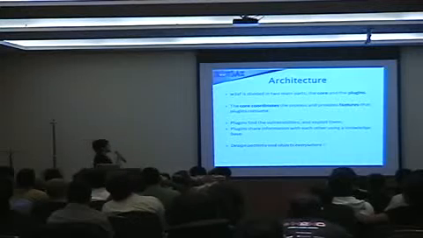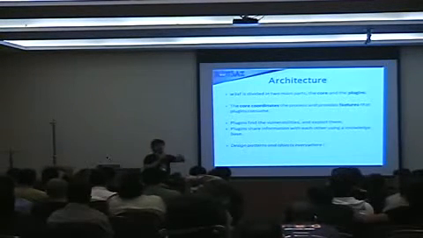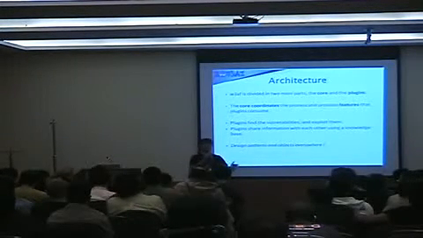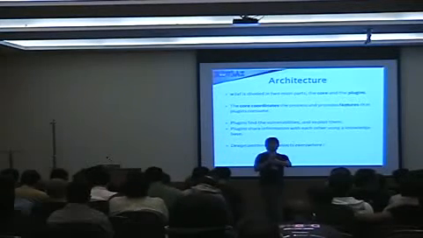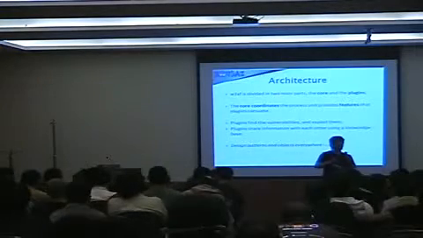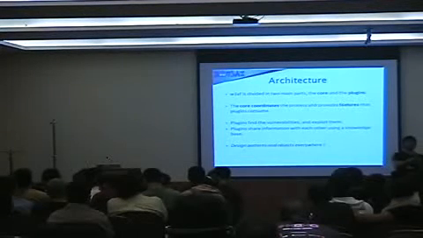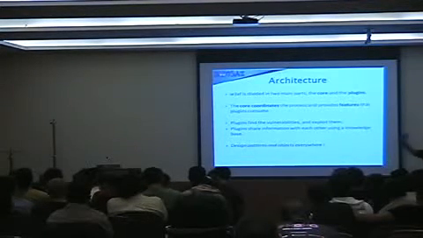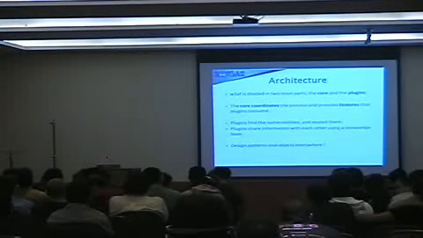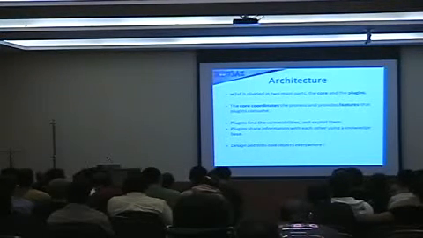So w3af is divided into two main parts internally, the core and the plugins. Each plugin is going to do one task and do it well, like SQL injection detection is one plugin, cross-site scripting detection, another plugin.